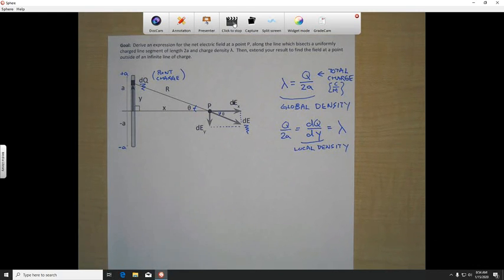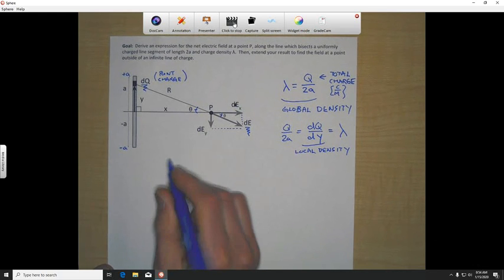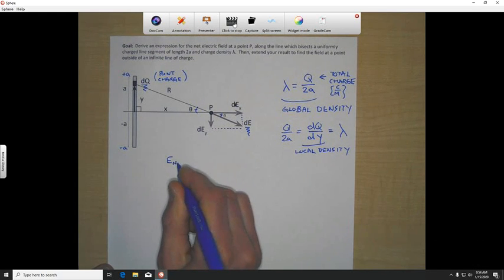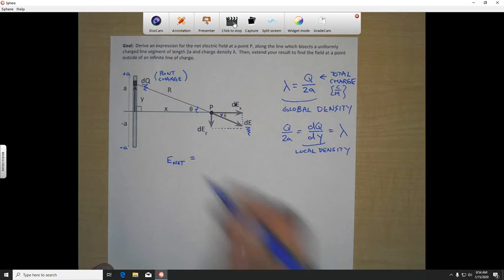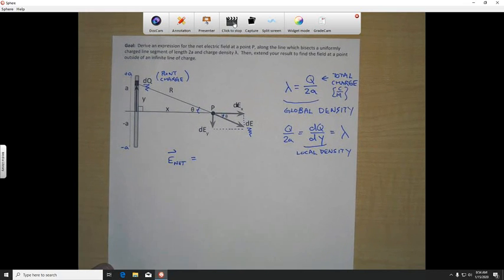Okay. So I'm going to start off by writing an expression for the net electric field. Of course, that's a vector.